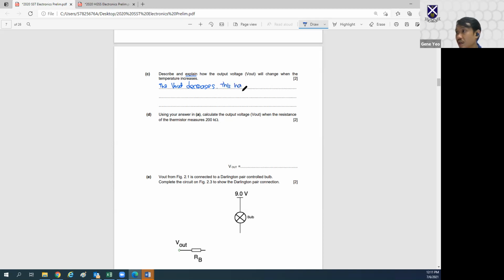This happens as the resistance of the thermistor decreases as temperature increases. Okay. All good?